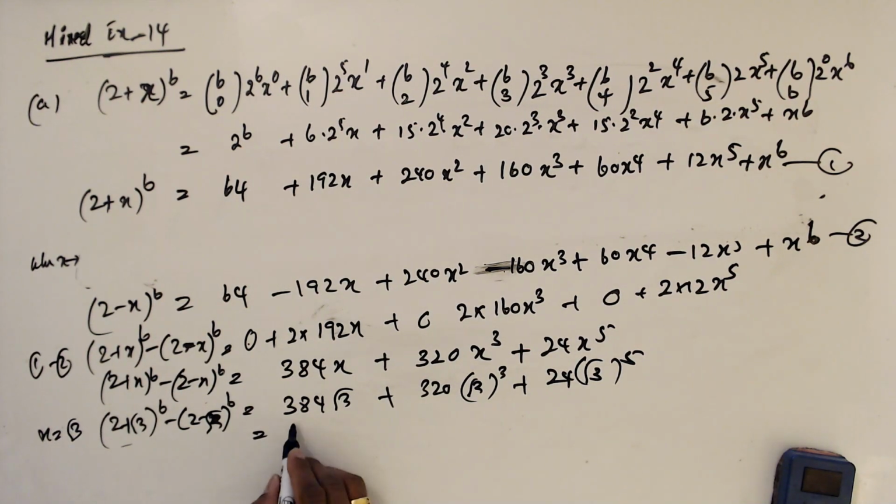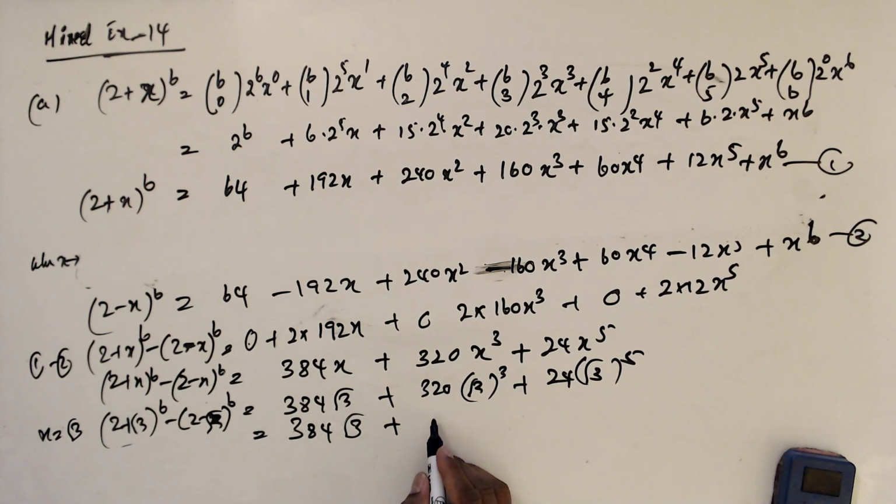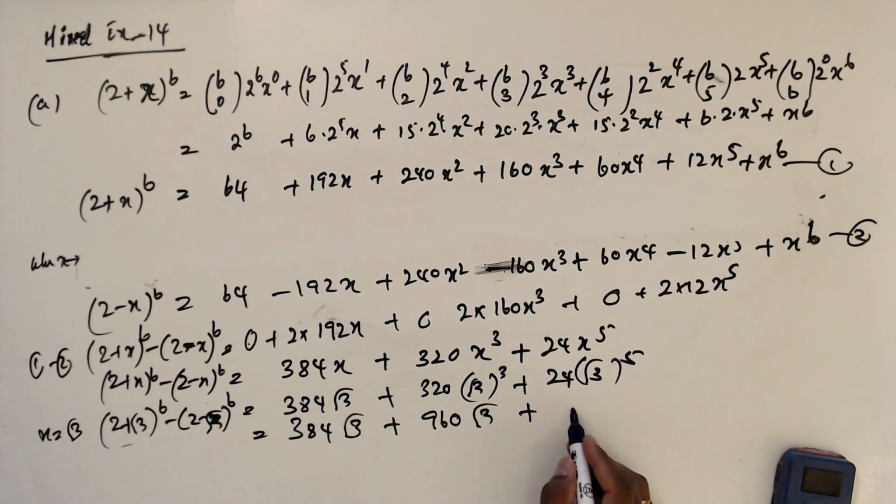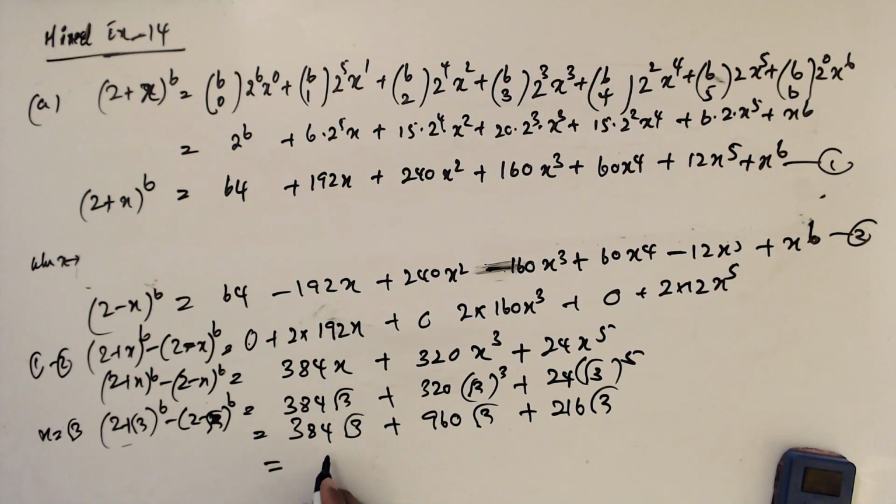So this is 384 square root 3, and this is 960 square root 3, and this is 216 square root 3, and when you add you will get 1560 square root 3, and this is k times square root 3, so k equals 1560.